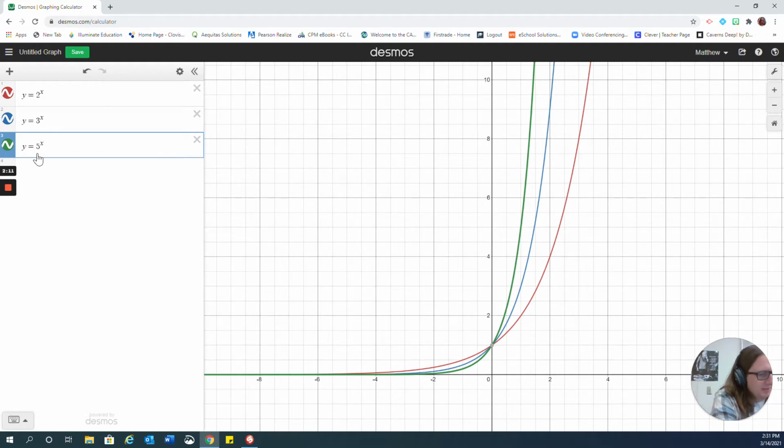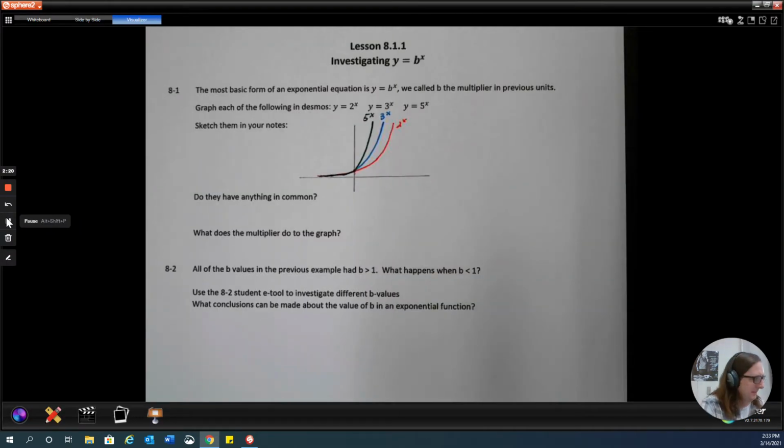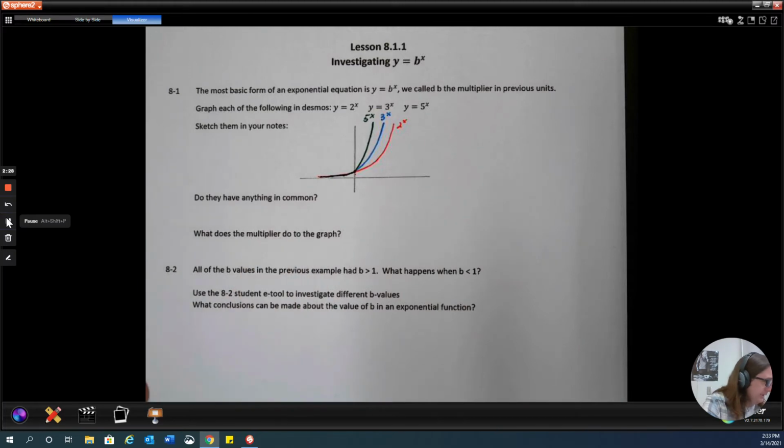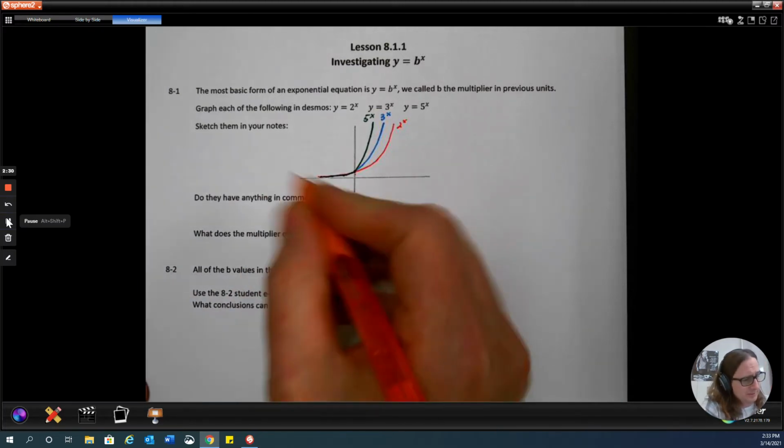So on your paper, go ahead and sketch it. I'm going to sketch it on mine. All right, so there I've got mine sketched out, and our first question is, do they have anything in common? And yeah, they do have something in common. Number one, they all increase.